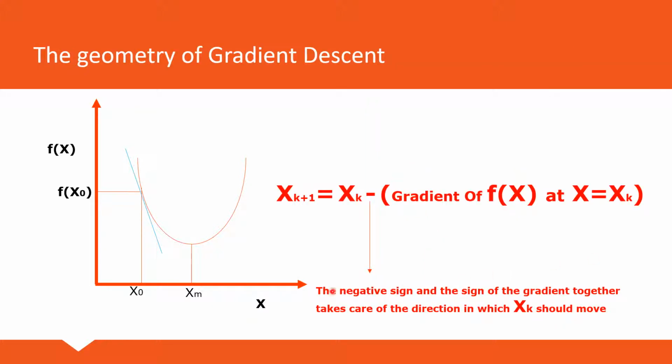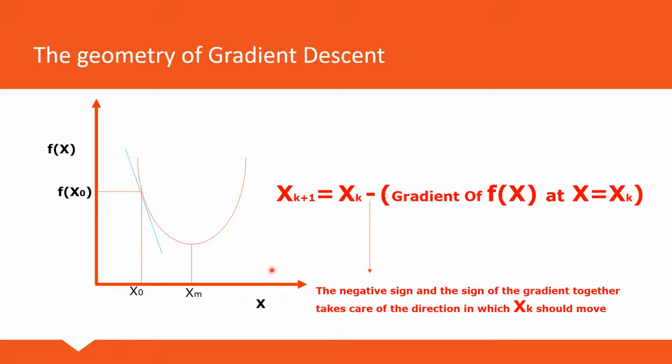As of now, our algorithm for gradient descent stands pretty much like this. We start off with an initial random guess value x naught, and then at x naught we calculate the gradient, and we add the value of the gradient to x naught and move it closer to xm. We keep doing this iteratively.